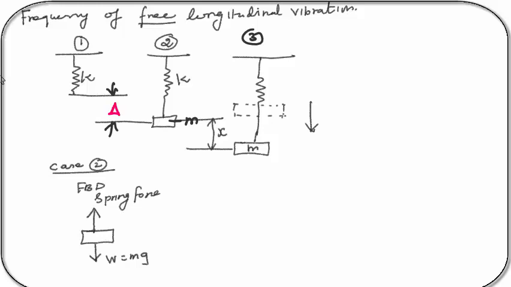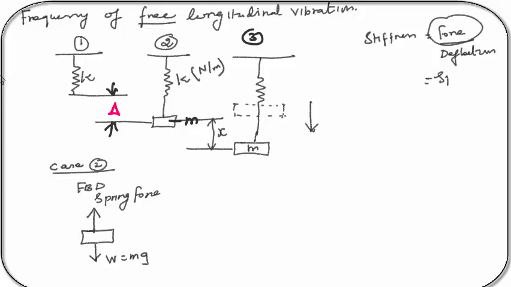Now I'm going to explain how to find the spring force. We know that the stiffness unit is Newton per meter. Otherwise we can say that stiffness is force divided by deflection. Now we need to find this force, which is called the spring force.